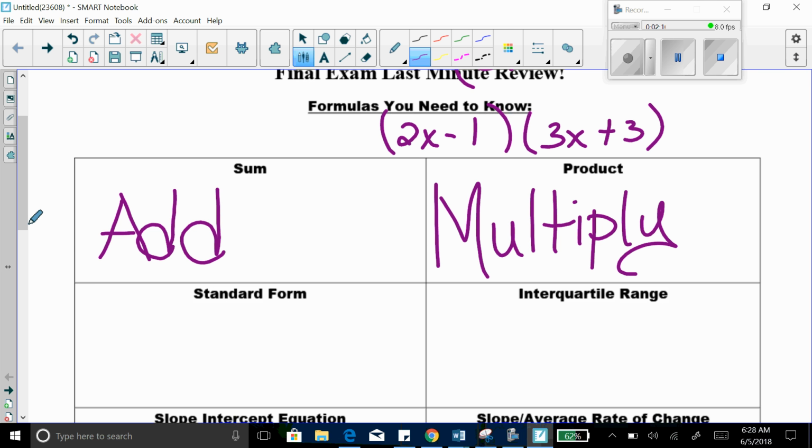Standard form of a polynomial simply means that the degrees or the exponents start from the biggest number down to the smallest number. So something like this.